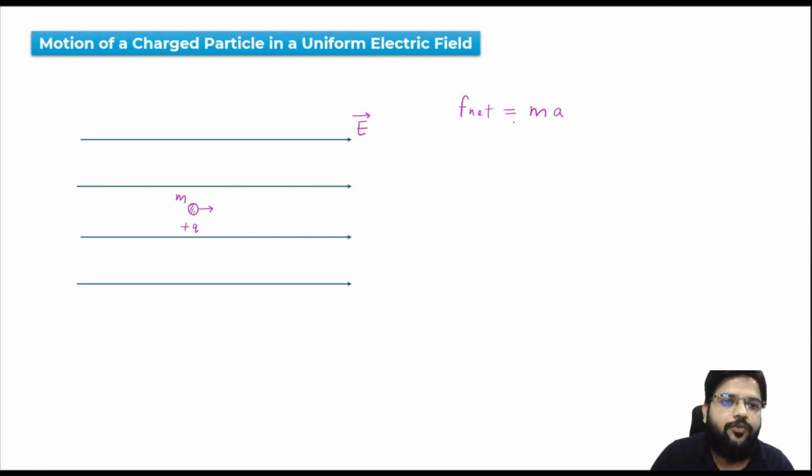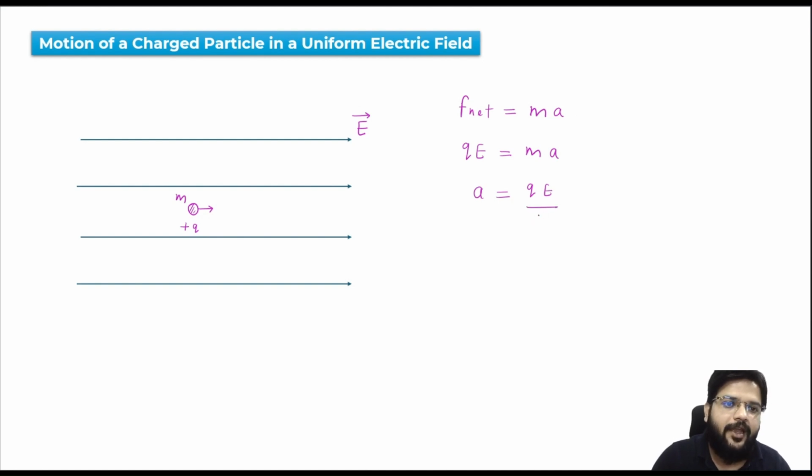When we put one charged particle in the electric field, the electrostatic force is how much, everyone? It is qE. Only the electrostatic force acts here, so qE should be equal to mass into acceleration. So from here we get the acceleration of the particle as qE by m.